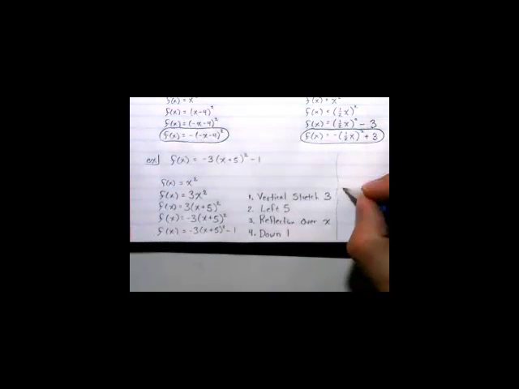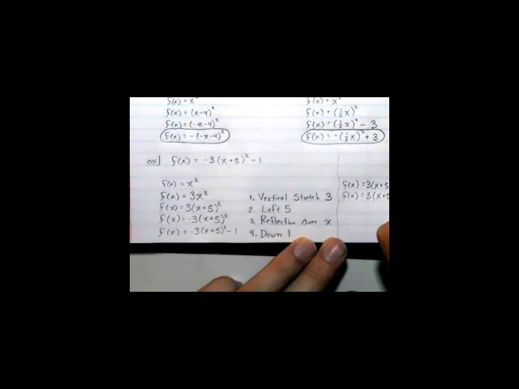Okay, so my recommendation for you when you're doing this is to not just start listing everything willy-nilly, because it matters how you put it together. I'll give you a quick example. What if we had waited to do the reflection until the very end? Just hang with me for a second here. What if I took this step right here, where we were at f of x equals 3 times (x plus 5) squared.